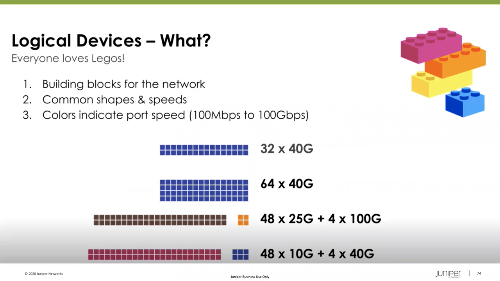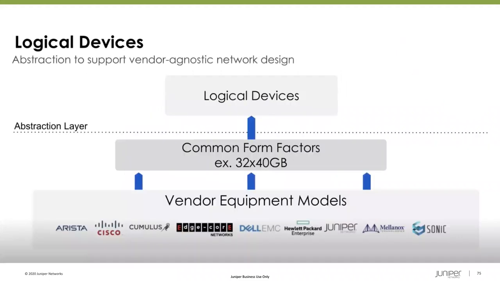And once you've decided what you want to create, you take the logical device and try to map it into a form factor. It could be like 8 times 100 plus maybe 48 times 25, which is similar to a QFX 5120, and that could then be mapped to the physical device.